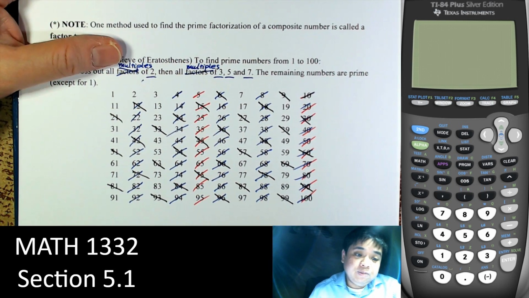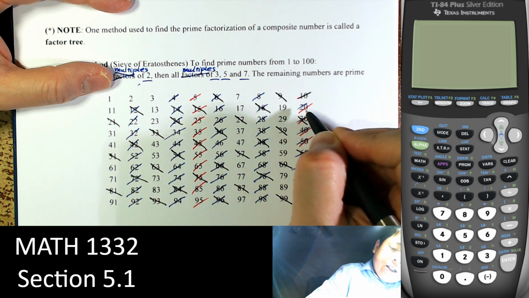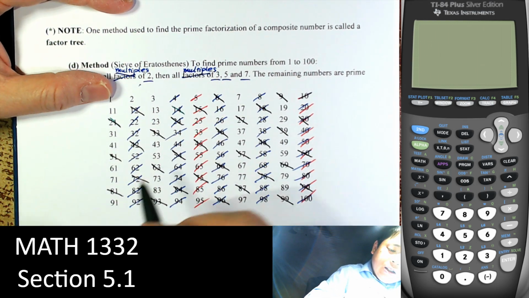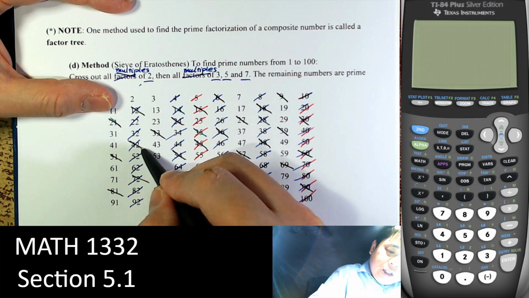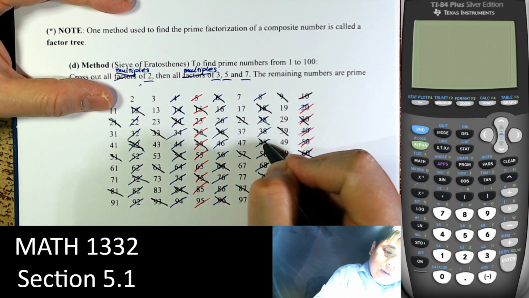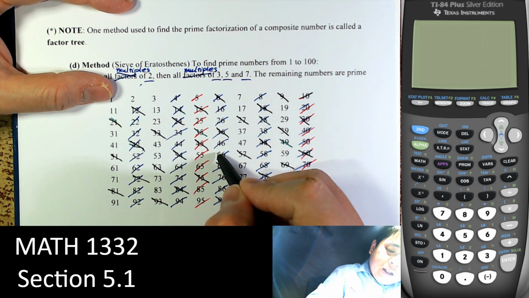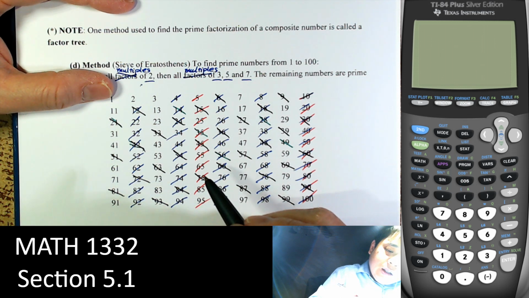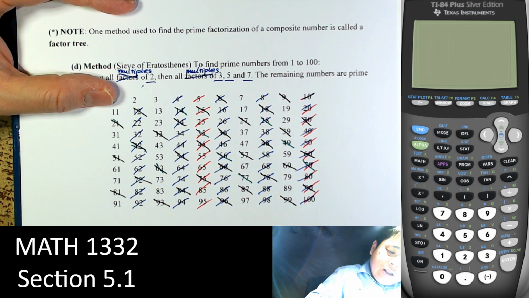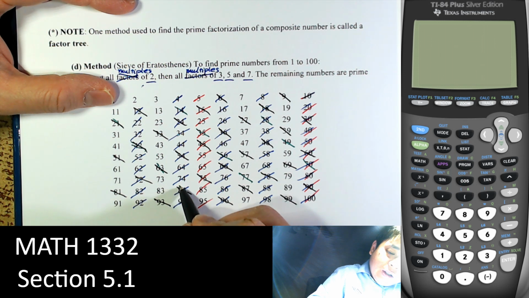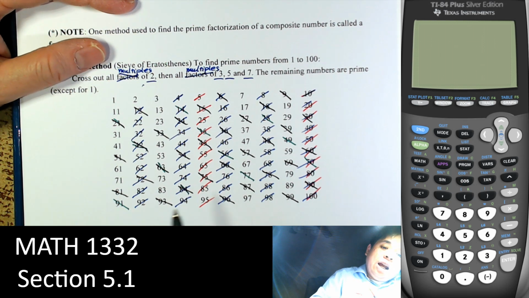Then cross out all the multiples of 7 except for 7: 14, 21, 28, 35, 42, 49, 56, 63, 70, 77, 84, 91, and then the remaining numbers are primes.